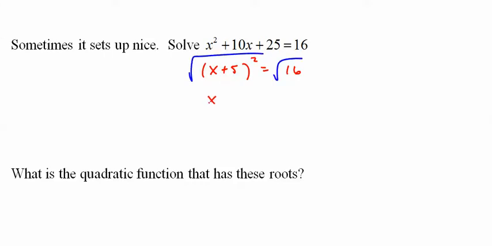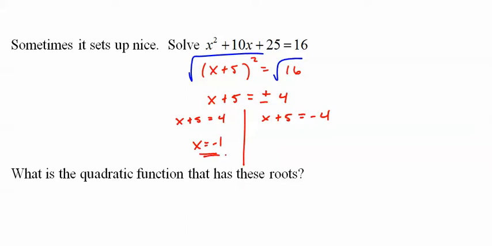We get x plus 5 equals, number one most forgotten thing, plus or minus 4. So x plus 5 equals 4, or x plus 5 equals negative 4. x equals negative 1, x equals negative 9. Those are our two solutions.